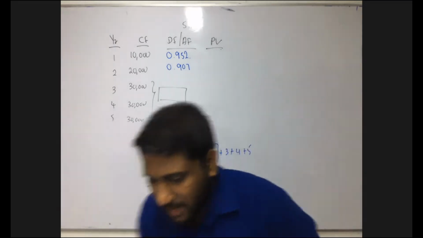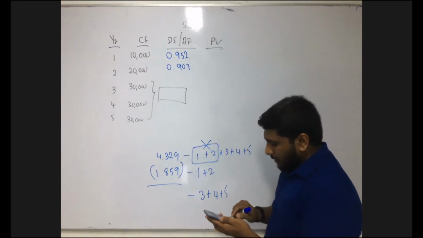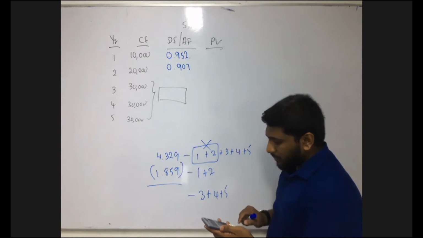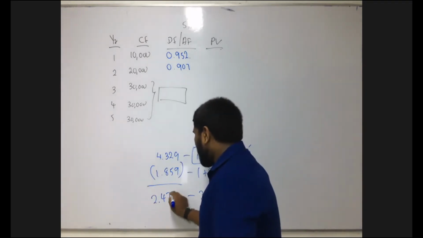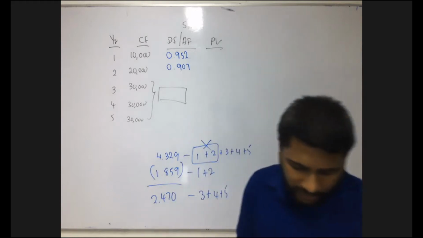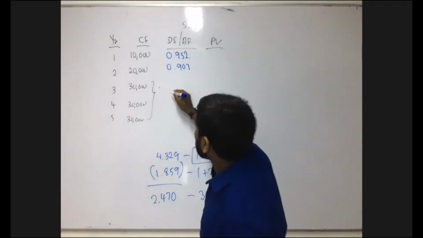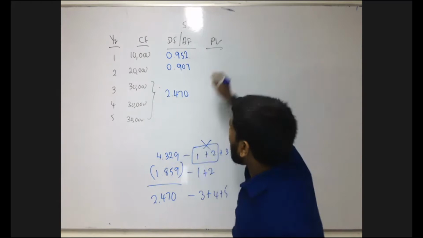How much is the annuity factor that you will get? 4.329 minus 1.859, which is 2.470. Then let's take the answers.